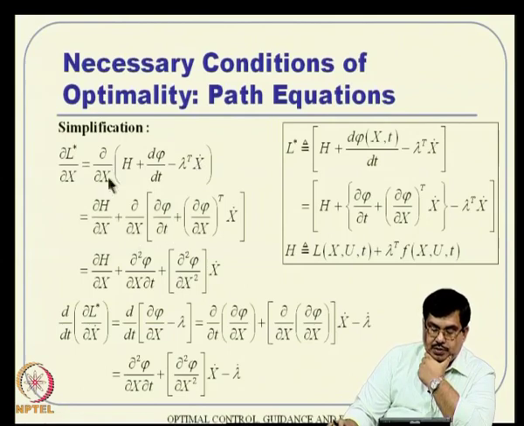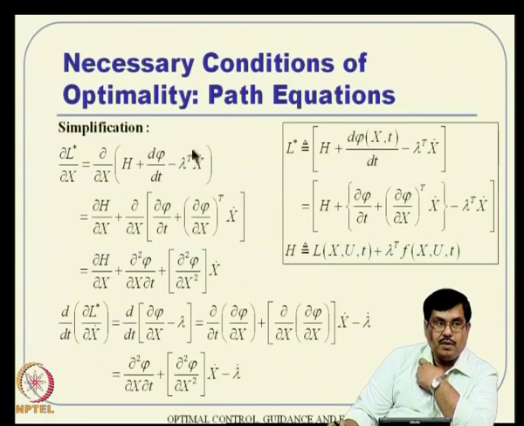So, first thing talks about del H by del x, plus del by del x of this quantity whatever you have here, and d phi is nothing but del phi by del t plus, phi is a function of x also basically, right. So, del phi by del t plus del phi by del x transpose times x dot. So, these two quantities come from this quantity really, and this quantity does not contain any x or lambda.